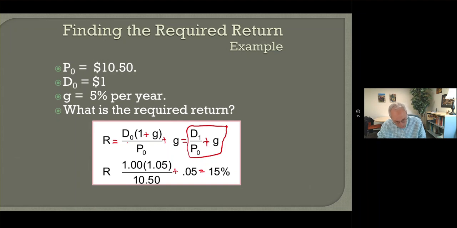If you don't have D of 1, then you'll have to do this first part here because you have to adjust the D of 0, okay? So there's the math right there. You take the price, dividing it into D of 0 times 1 plus the growth rate, and you're going to get 15%.